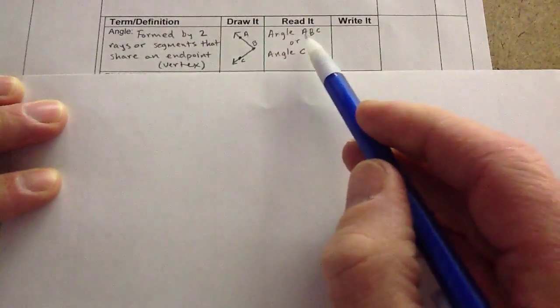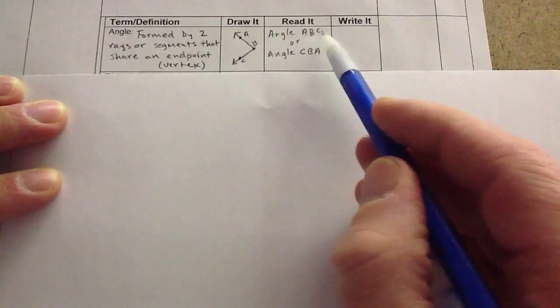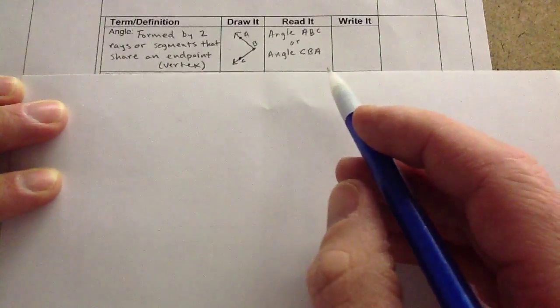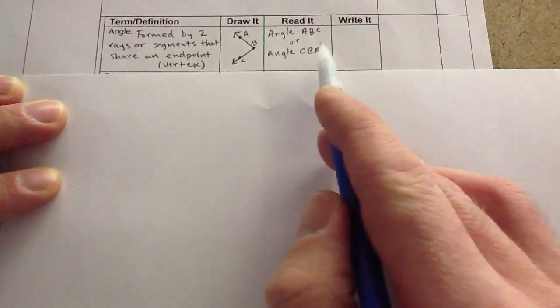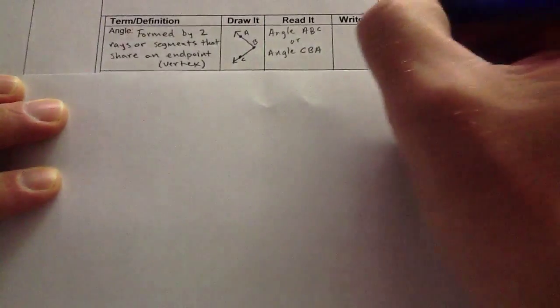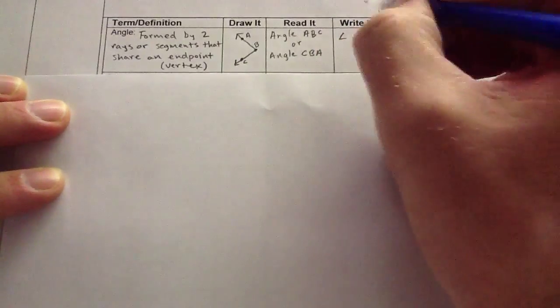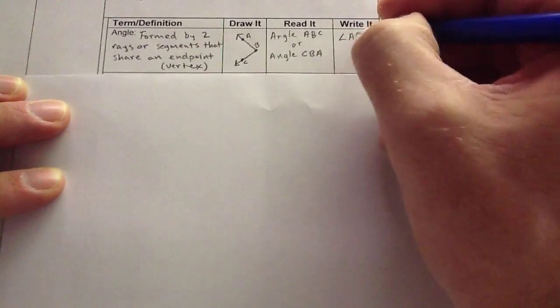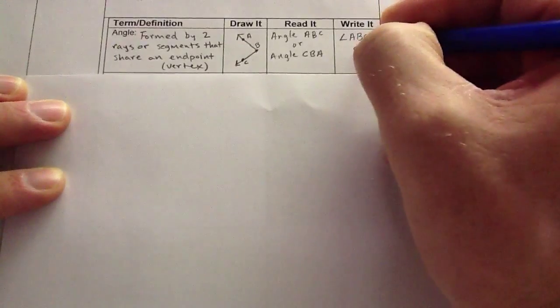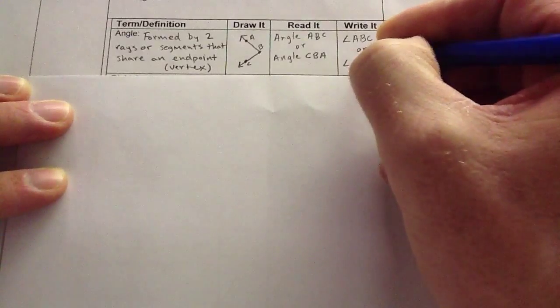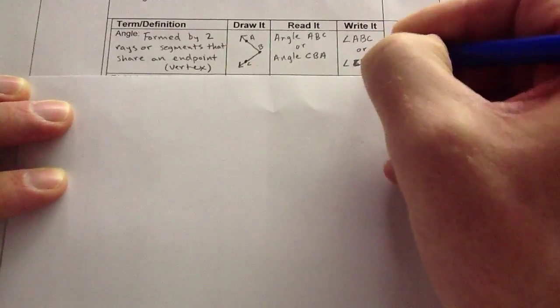Now you notice the two endpoints on either side are interchangeable, but that vertex always has to stay in the middle. Now, how would we write angle ABC or angle CBA? Well, the symbol is just a little angle like that, and then you list your points, A, B, C, or angle C, B, A.